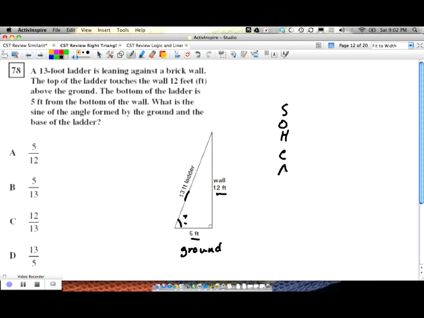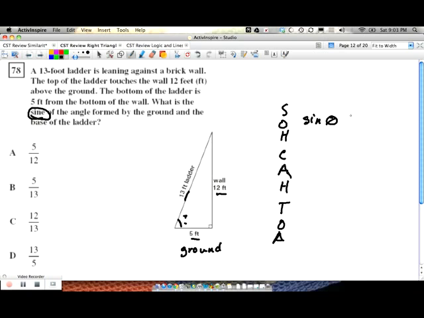Well, if I'm being asked about trig relationships, let's go back to our acronym, SOHCAHTOA. It's asking about this angle down here. What is the sine of that angle? Well, sine is of the angle, whatever that is. We'll call it theta. Let's clean this up a little bit.